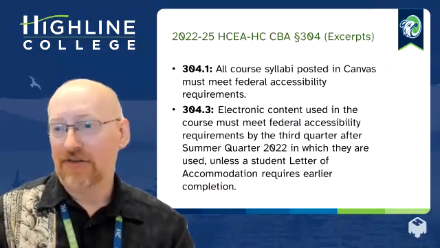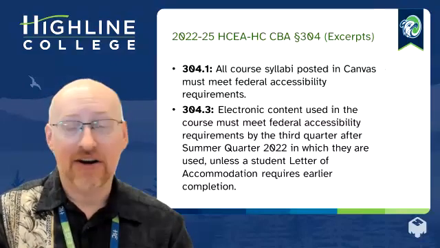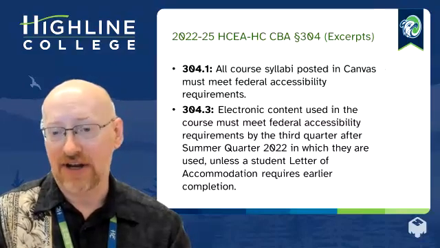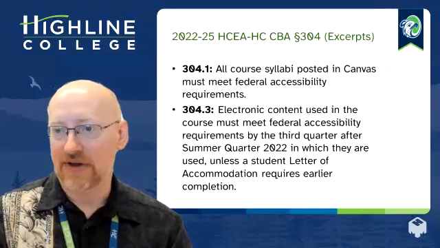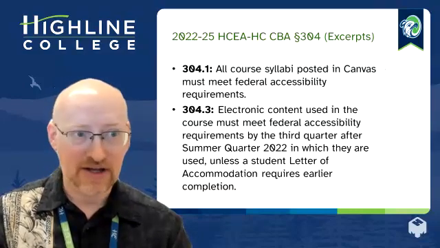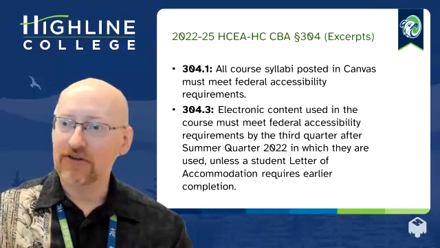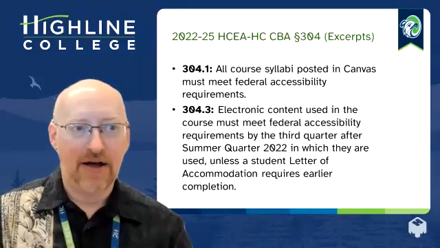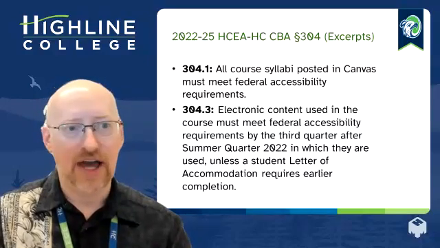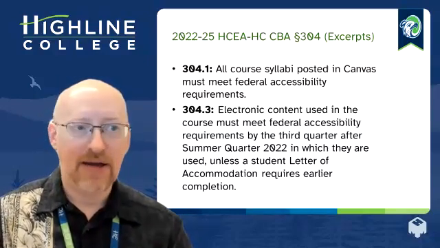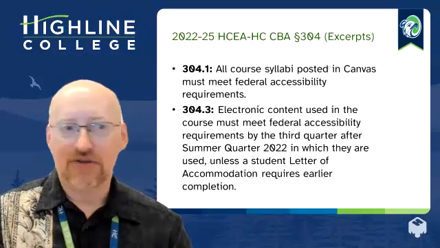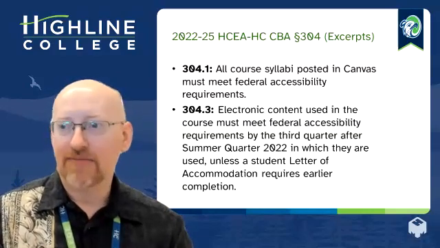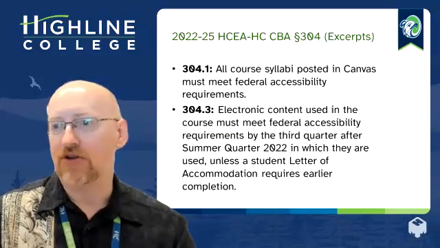And then specifically for faculty here at Highline, in the recently updated faculty contract, we do have language about accessibility, just saying that there are certain levels of accessibility we expect for classes. These are just excerpts, not the full language, but basically we say syllabi must be accessible, and any electronic content in the course must meet accessibility requirements by the third quarter it's used.